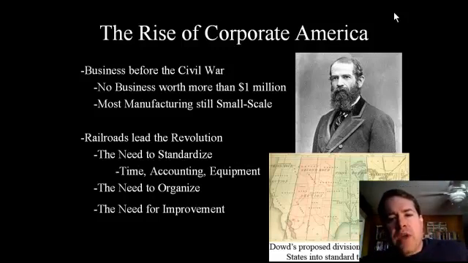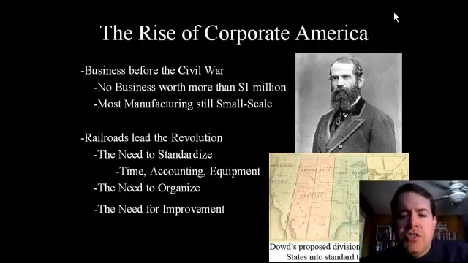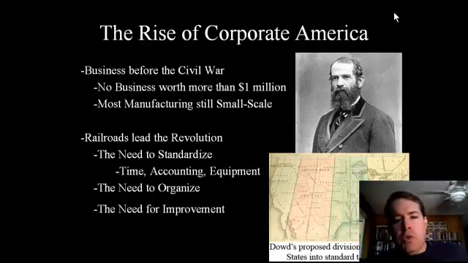Again, you don't have large corporations building railroads. So small endeavors would build a one-track line for a particular purpose. For example, the B&O, the Baltimore and Ohio Railroad, would be a single line that connects Baltimore to Cleveland, Ohio.